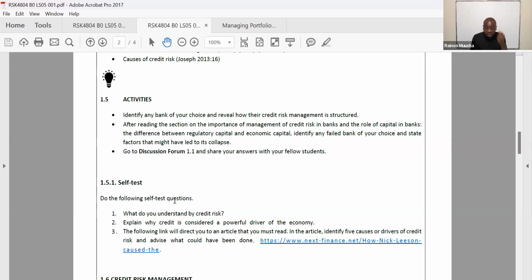So the questions that the lecturer is going to ask you in the assignments or in the exam are based on what is expected for you to answer in the self-test. Which means we use your self-test questions as a guideline on exactly what you are expected to cover when it comes to material in the textbooks.